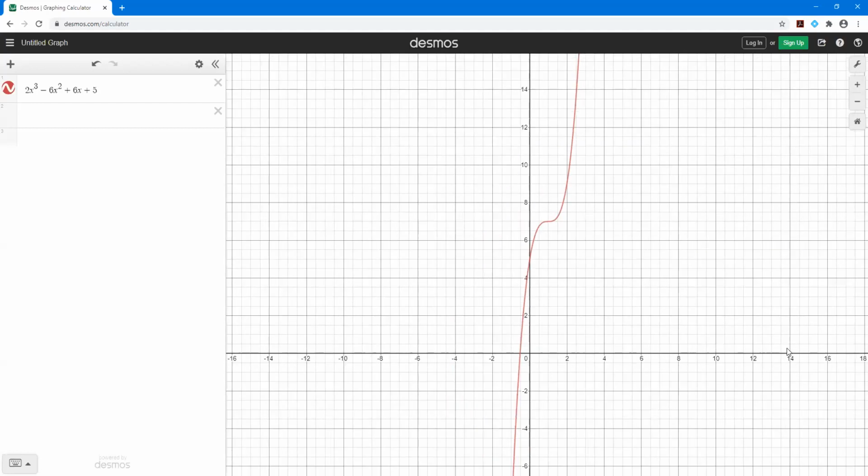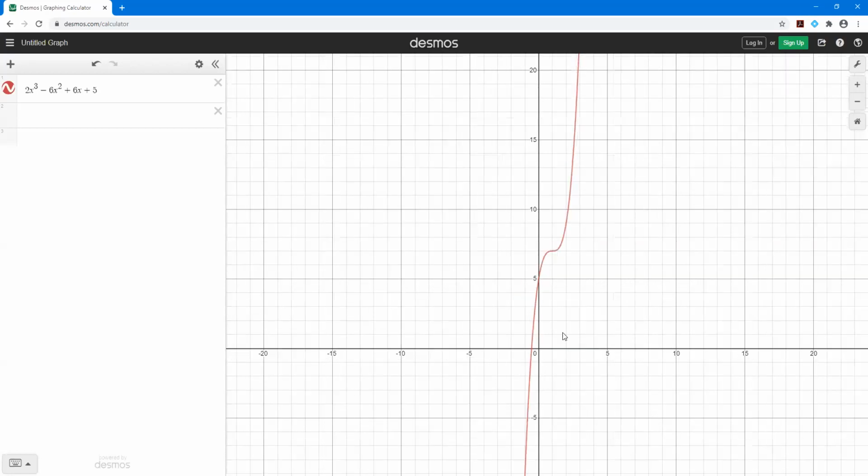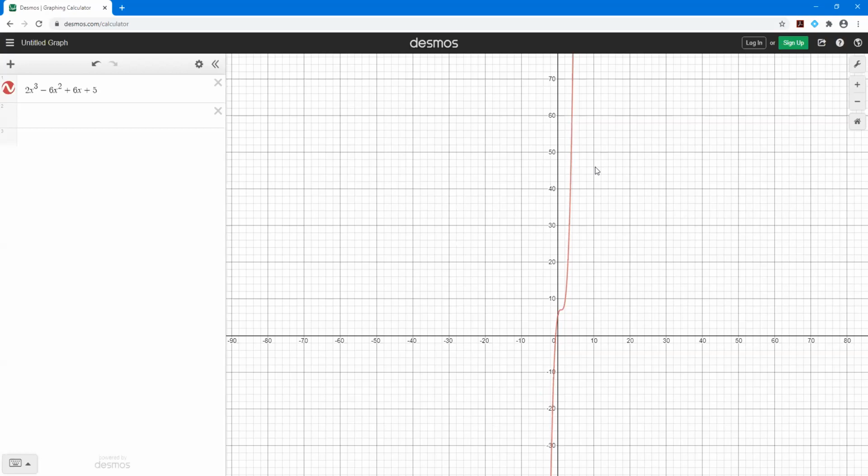That's the graph of the function. Did you see it? Yes, sir. See, when you go towards the left side, you can see that it is going down. When you go towards the right side, you can see that it is going up. So there is no maximum or minimum.